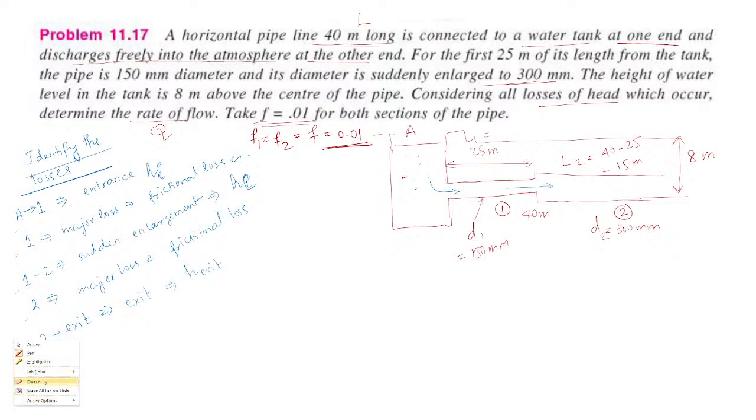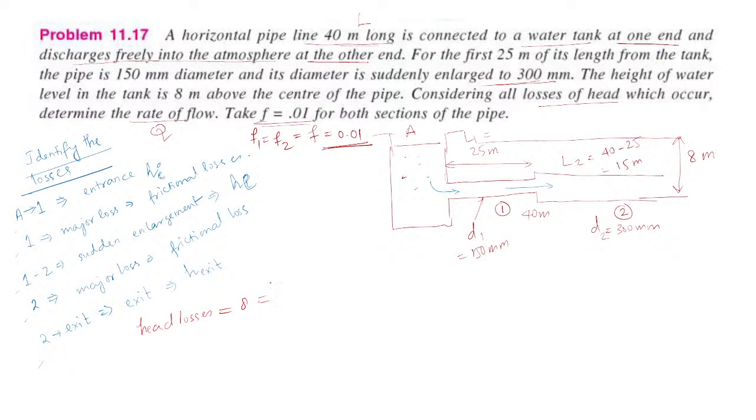So when you are obtaining an equation for the head losses, the head loss is nothing but the 8 meter, that is the same as the difference of the water level.